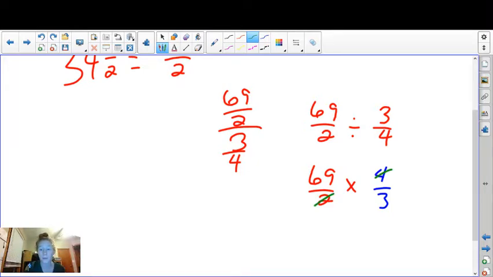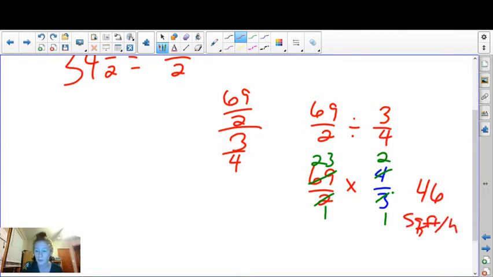I can divide both by 2 here. 4 divided by 2 is 2. 2 divided by 2 is 1. And I can divide 69 by 3. This will give me 23, and 3 divided by 3 will give me 1. So then I can take 23 times 2, which is 46, and 1 times 1 is just going to be 1. So it's 46 square feet per hour.